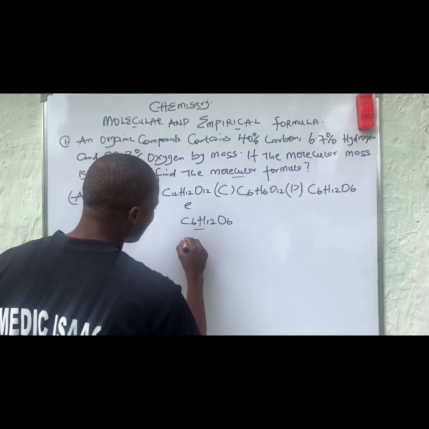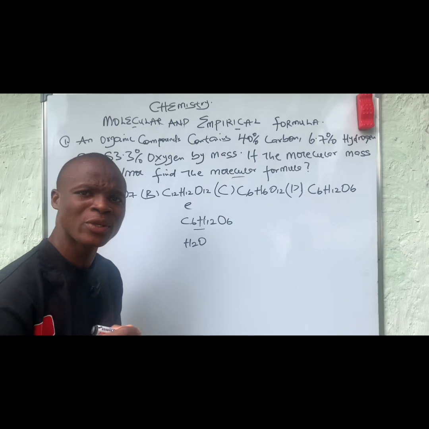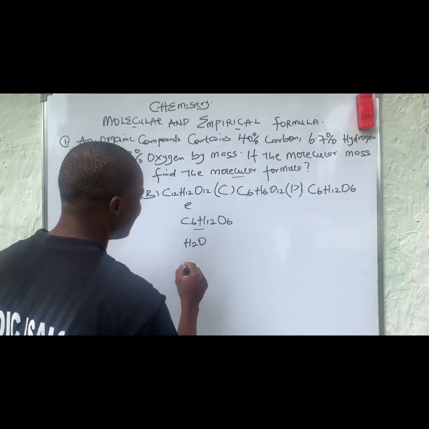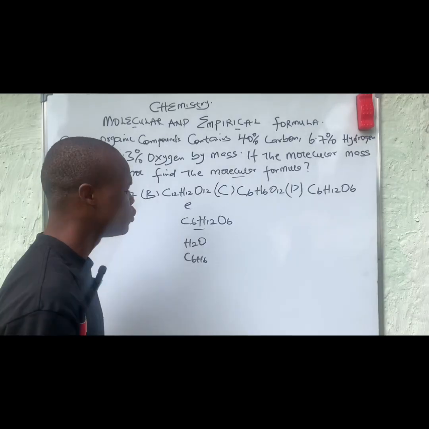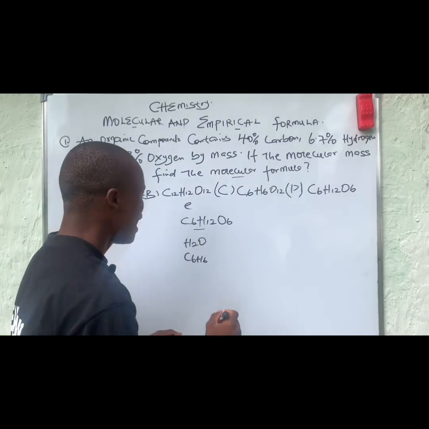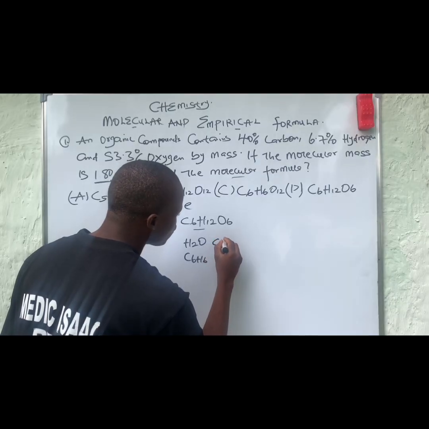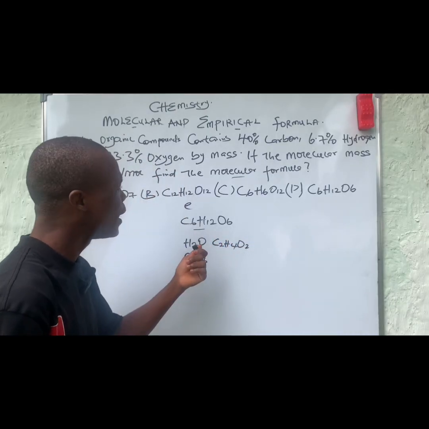Another one is H2O. Another one is C6H6. So they are going to tell us to find all these things. Another one is C2H4O2. These are correct molecular formulas.